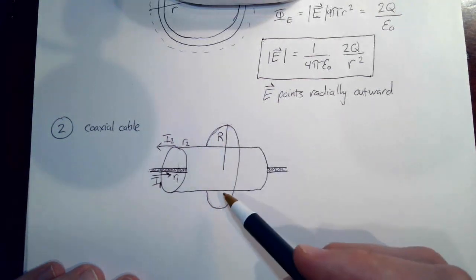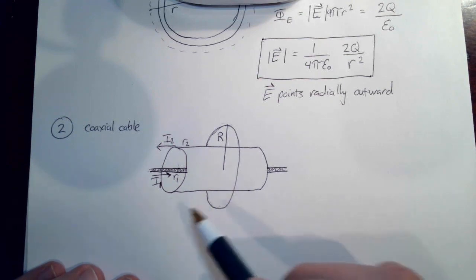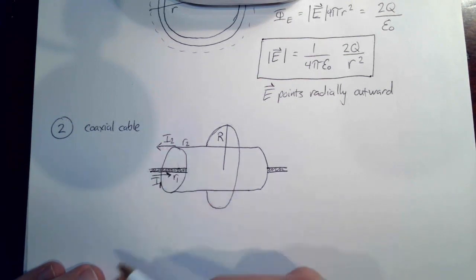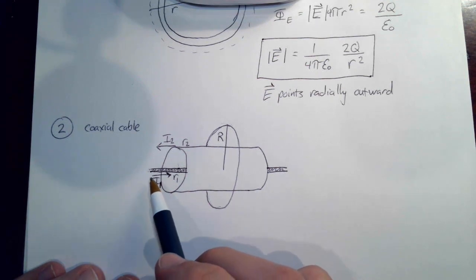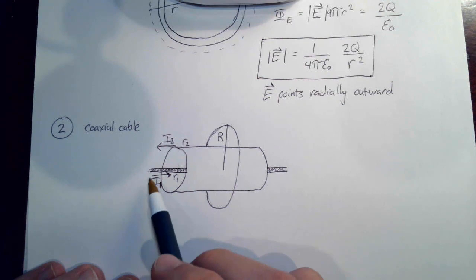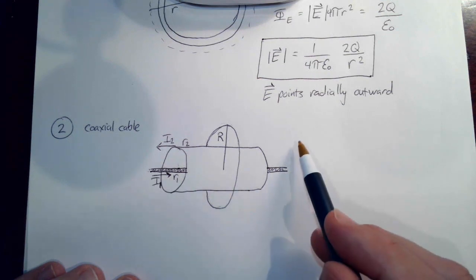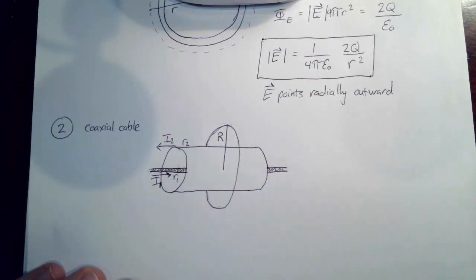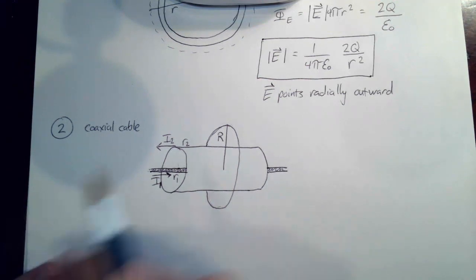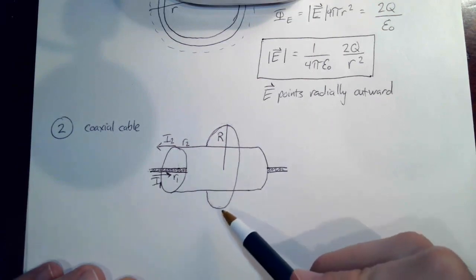How much current is piercing the soap bubble if I1 and I2 are equal but opposite? Well, if I have I1 going left to right and then I2 an equal amount going right to left, then I think it's pretty straightforward to conclude that the net current going through this soap bubble here is 0.